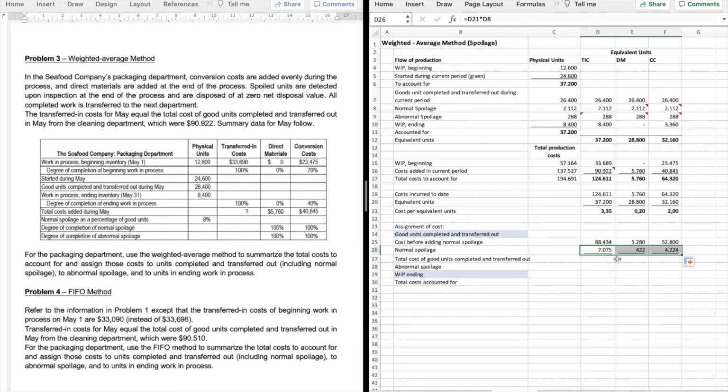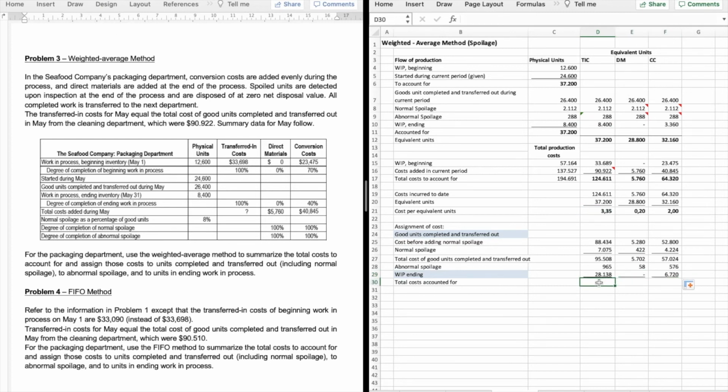And here we will have the total cost of good units completed and transferred out, added with the normal spoilage. And for the abnormal spoilage, we will have 3.35 multiplied by the abnormal spoilage. And for the ending work in process as well.